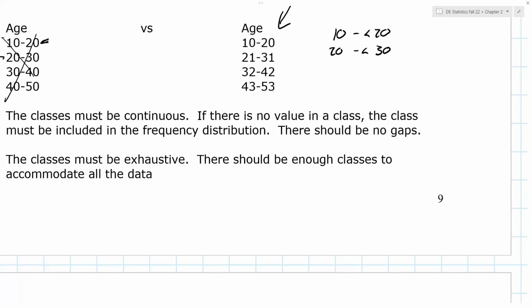Even if there wasn't a 32 or 33-year-old, you could not make this class something like 34 to 42 and just skip the possibility of having a 32 or 33-year-old. You have to make sure that you include all possible outcomes in your classes, or you get bad data. So that's not good. Once you start, just like a number line, you have to include every possible outcome until you reach your ending point.